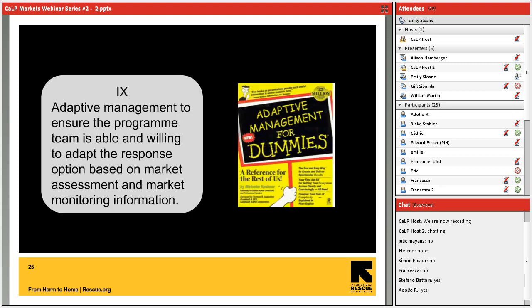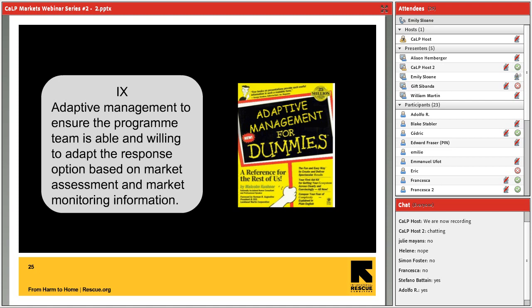Couple more quick ones. Adaptive management, we all know, is a good practice to ensure the program team is able and willing to adapt the response option based on market assessment and market monitoring information. We probably all have different examples of how this has happened, but one slightly different example with a different angle is from Food for Peace, which provides implementation partners with the option to switch response modalities mid-program by including modality flexibility in contracts.